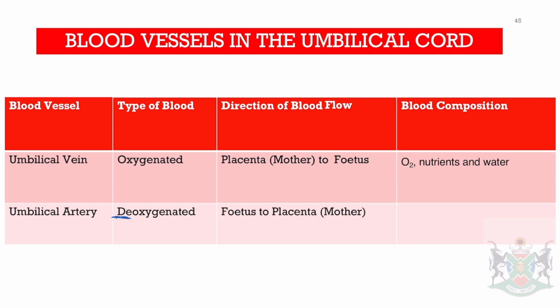The direction of blood flow, remember, deoxygenated blood has less oxygen and more carbon dioxide, so it shall never go to the fetus. It should go to the mother to be excreted. So it moves from the fetus to the placenta of the mother, and it is composed of substances which are carbon dioxide from the fetus and nitrogenous waste such as urea.